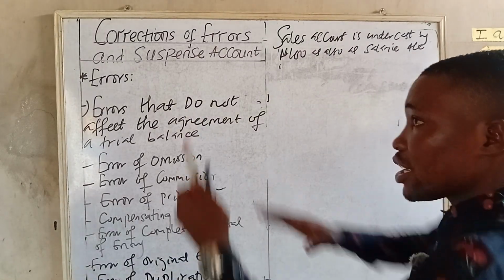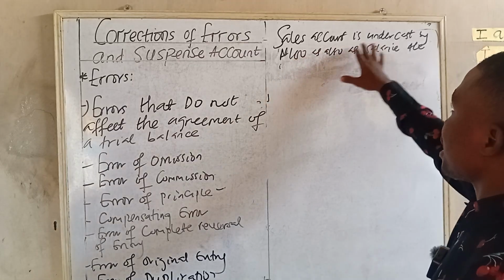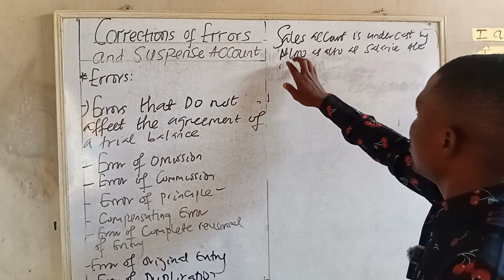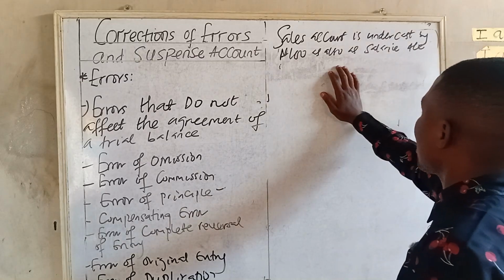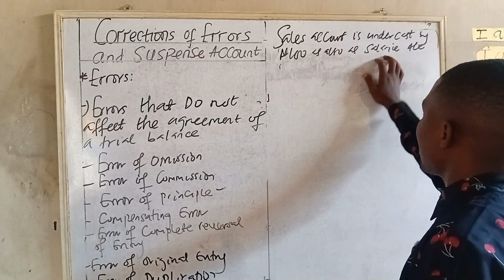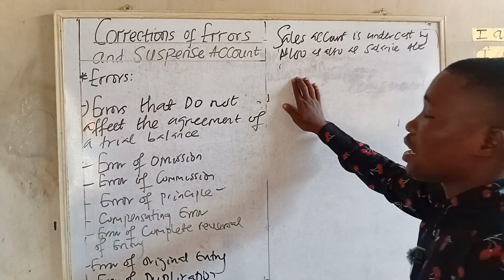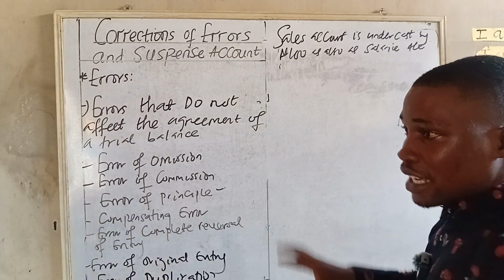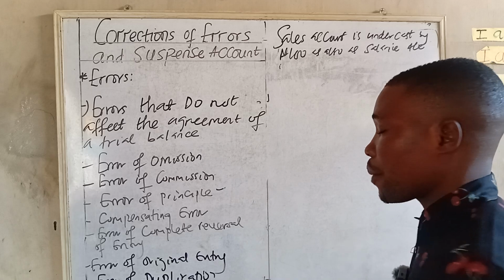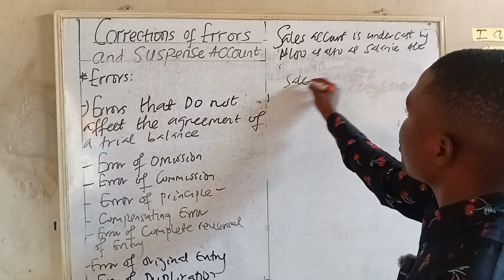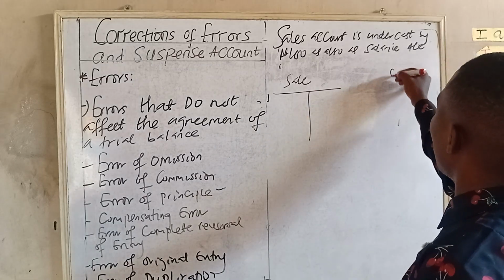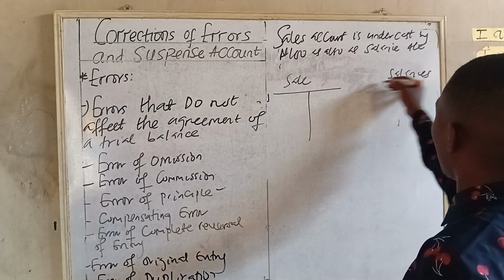Let's say in one transaction we undercast sales by 100 naira. In another transaction we undercast salary by what? 100 naira. You know that if we undercast, we need to just add up to it. Then we come here, we have sales account here. Here we have what? Salaries account.